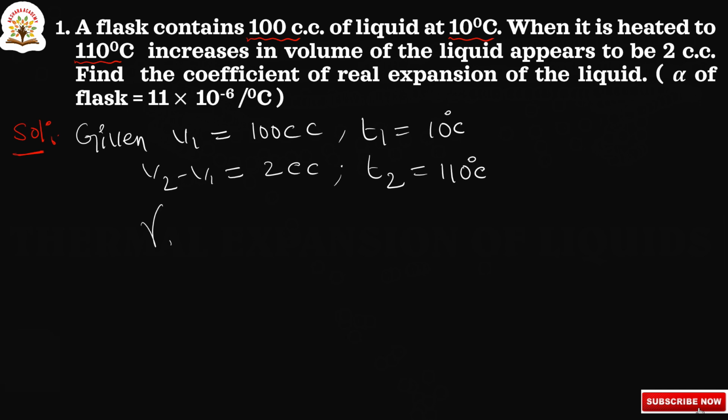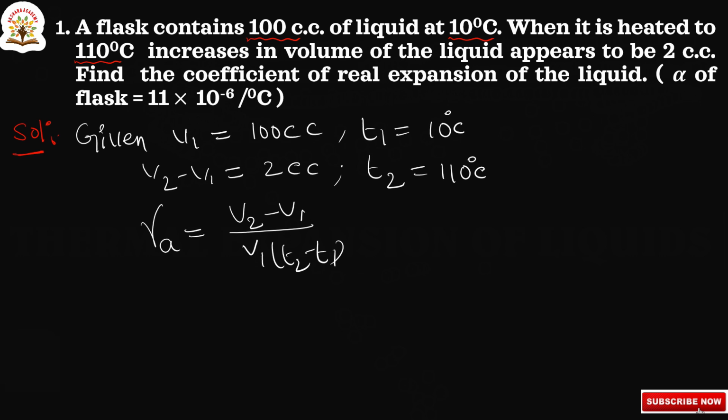So gamma A is equal to, first we have to calculate the apparent expansion of liquid and then the real expansion of liquid. So gamma A is equal to V2 minus V1 by V1 into T2 minus T1.